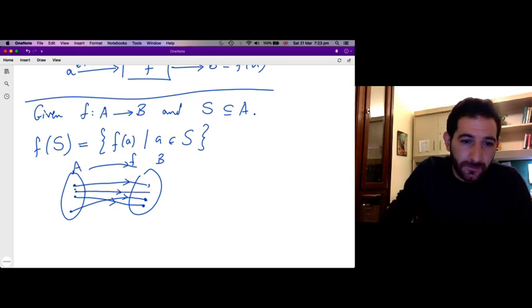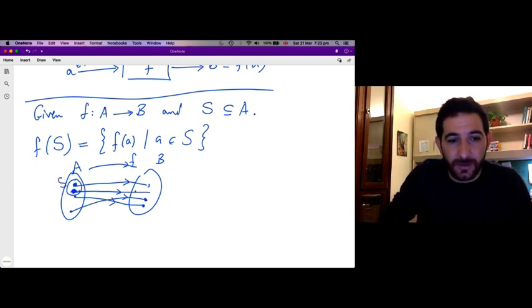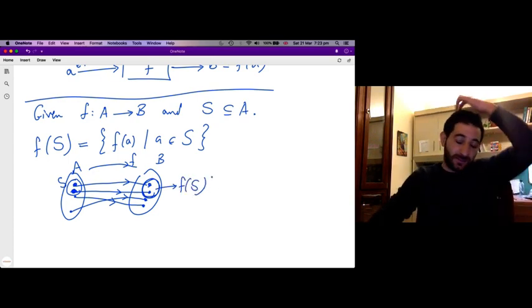Now suppose this is our set S. We choose this set S. It's a subset of the domain. Then the image of S will be the images of the elements in S. So we have this element and this element. Their images are this set. This is the set of their images, and this is what we call f of the set S, where S is a subset of the domain.